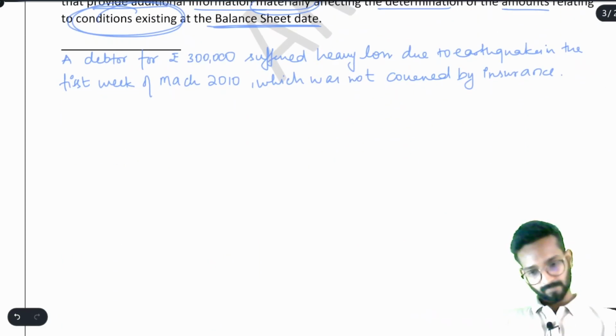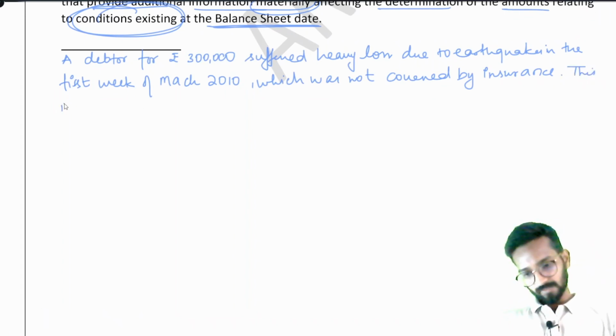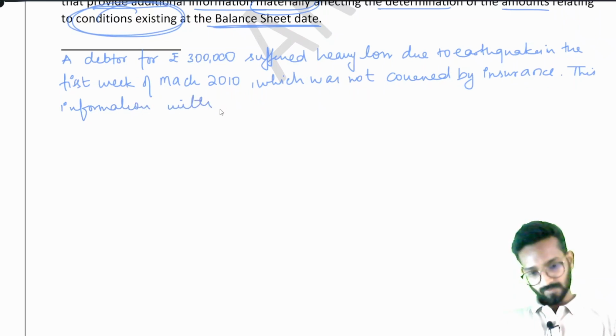Then this information with its implication was already known to the company.